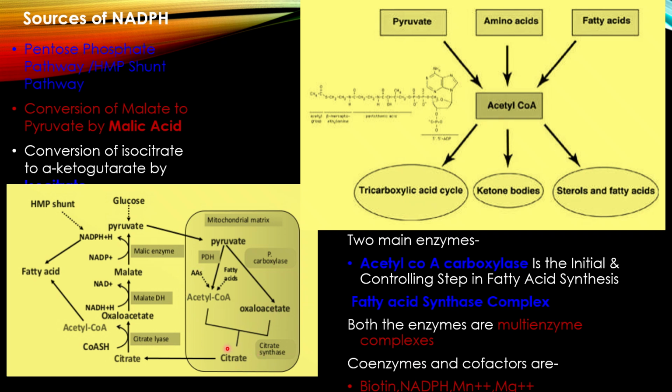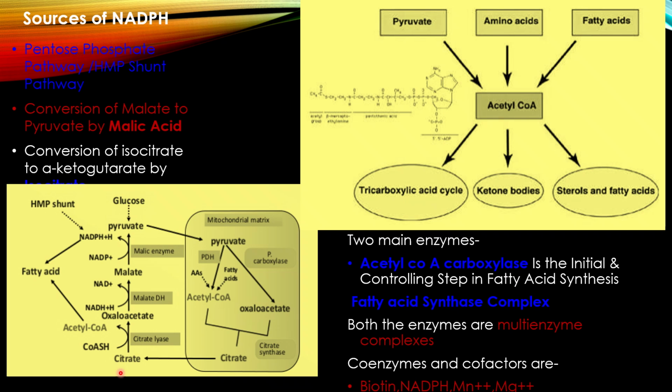Besides, when there is a need for production of fatty acids in large quantities, it is diverted for synthesis of acetyl coenzyme A, which will be further utilized for fatty acid synthesis in the cytosol. Citrate can easily pass through the membranous barrier of the mitochondria.